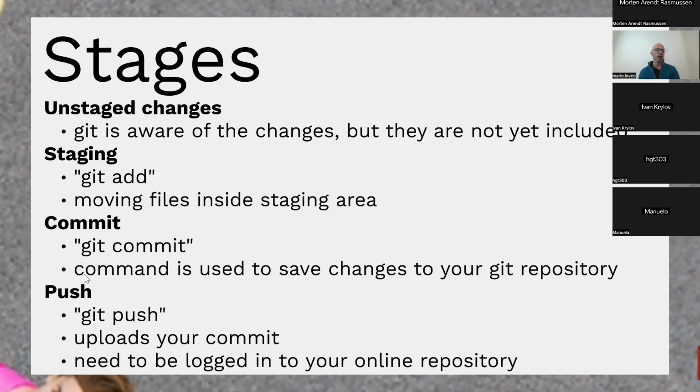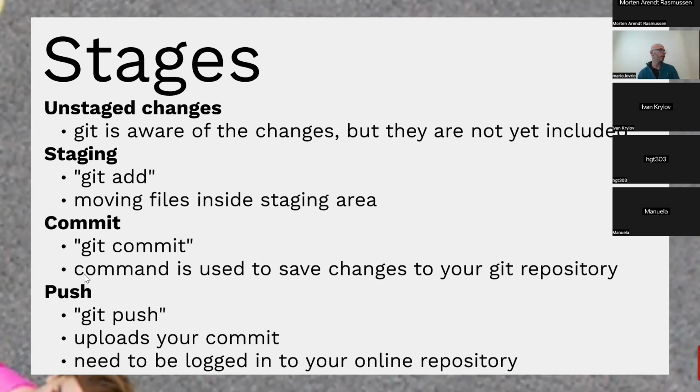And there you're saying, okay, these are files I'm preparing to post somewhere online. While they're in the staging area, they're still not in your online repository. You have to use the command git commit, meaning you're saving your changes to the repository. We're still local. And if we want to move them to the online repository for our colleagues or to have it publicly available, we have the command git push.